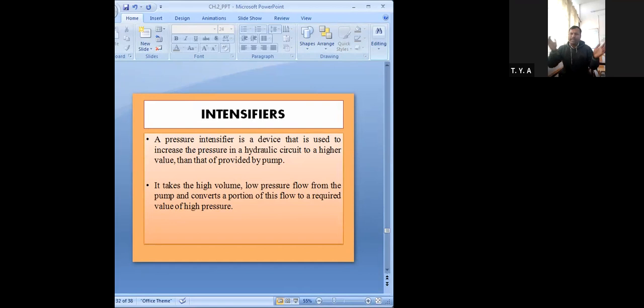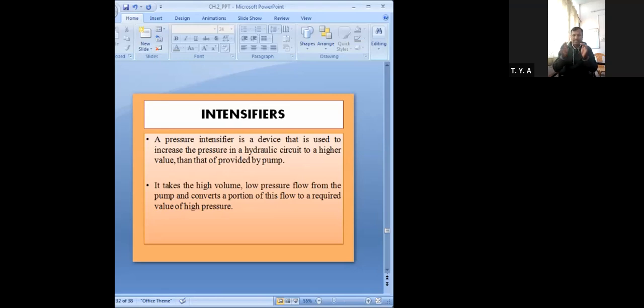So in between the pump and the hydraulic machine, you can install this intensifier unit. So a crane or hydraulic lift that needs a higher pressure liquid for its operation can use this intensifier device.